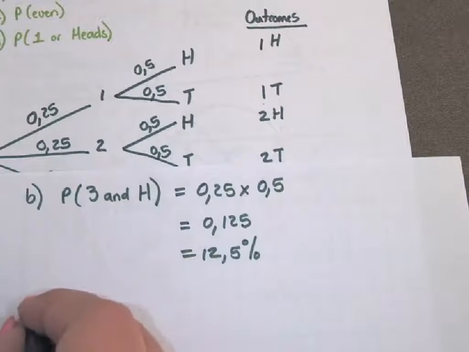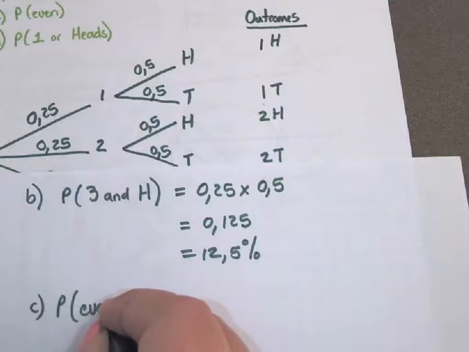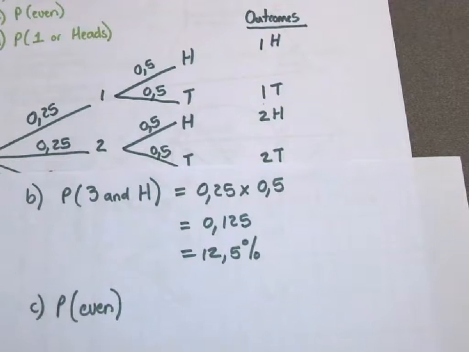Then for number C, they ask what's the probability of getting an even number on the dice.